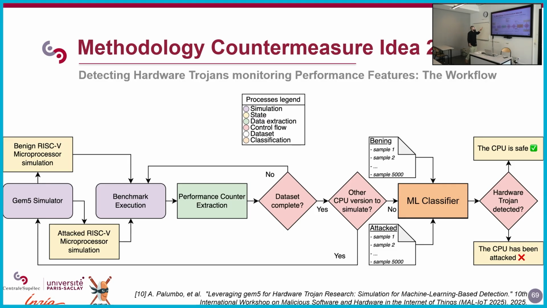Again, we run benchmarks, we extract the performance counters, and finally we give all those samples containing several features to our machine learning classifier to see if that run was on a safe CPU or a tampered one.